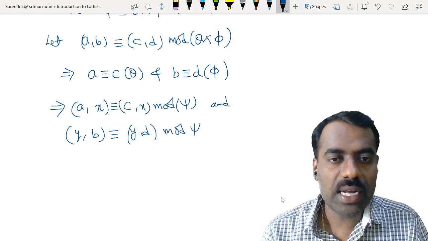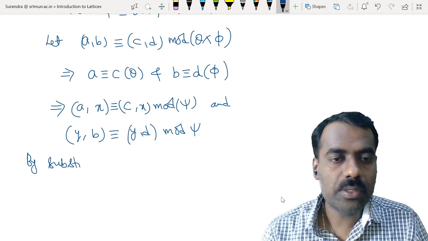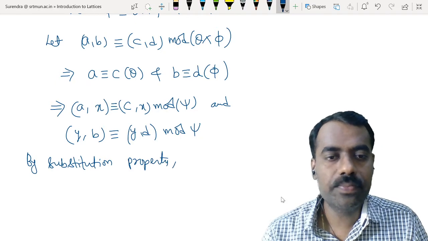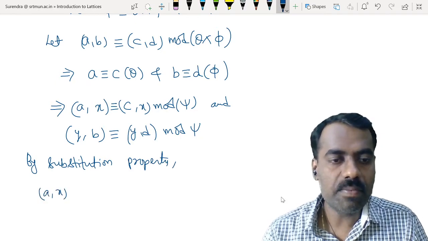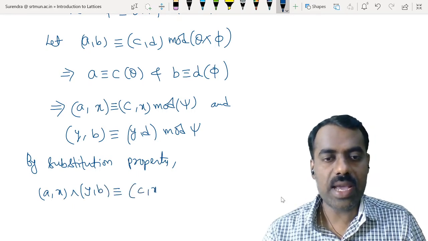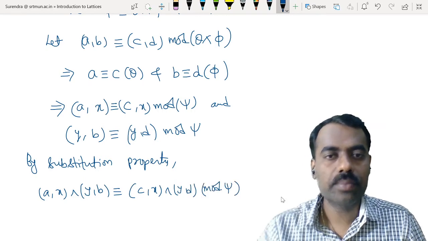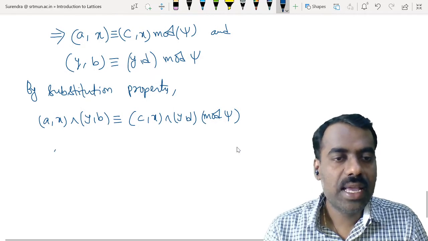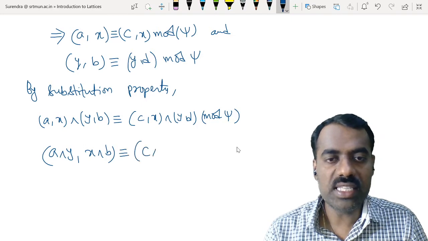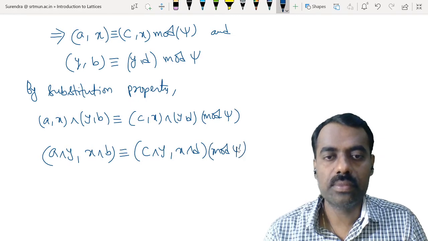Because these two are congruent, by using the substitution property we can meet them. So A comma x meet with y comma B is congruent to C comma x meet with y comma D modulo psi. But that is the same as A meet y comma x meet B is congruent to C meet y comma x meet D modulo psi.